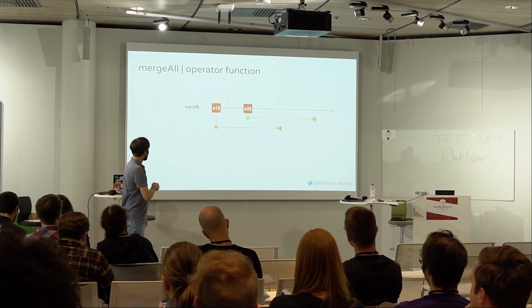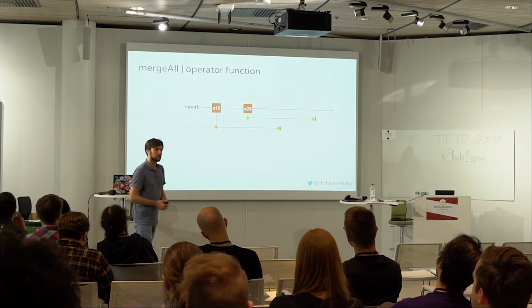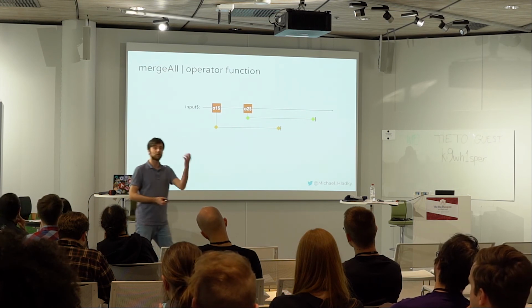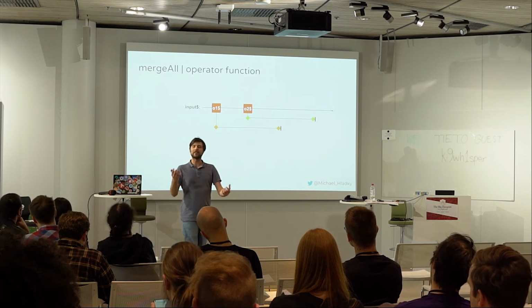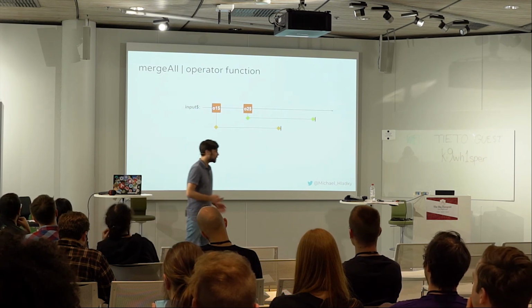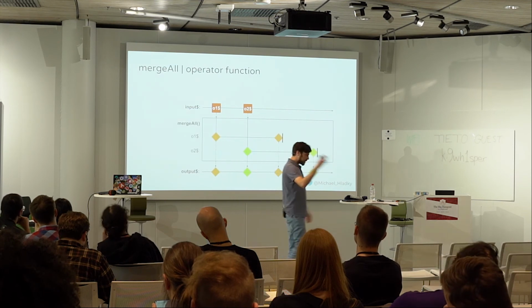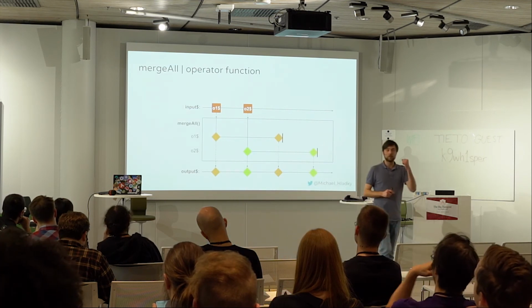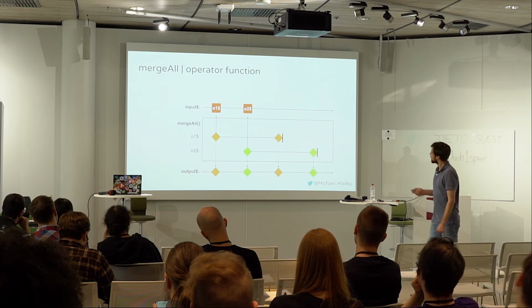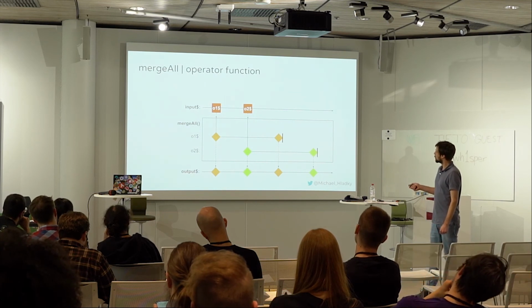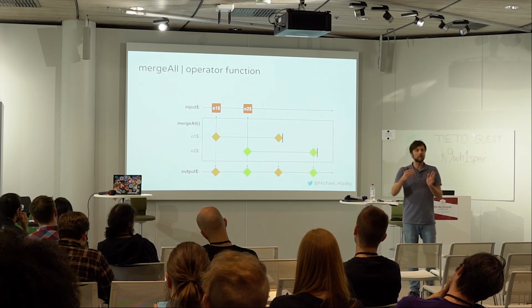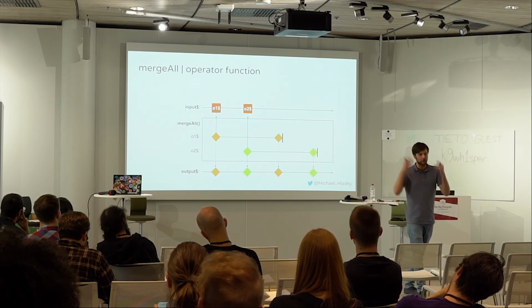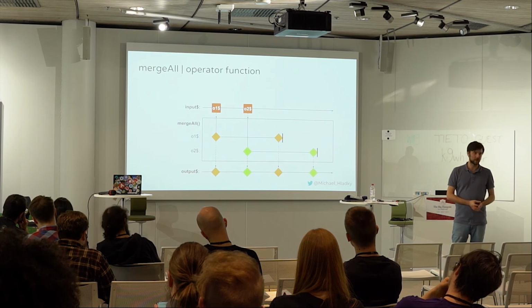So this is my input stream for merge all, a higher order observable that carries two observables inside, and those two observables emit yellow and green values. If I pass this input to my merge all operator, I see that I receive the first observable, and then I subscribe to this observable, and all emissions of those observables are projected into my output stream.